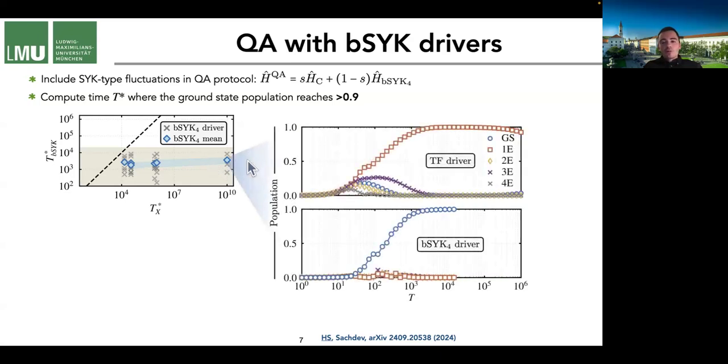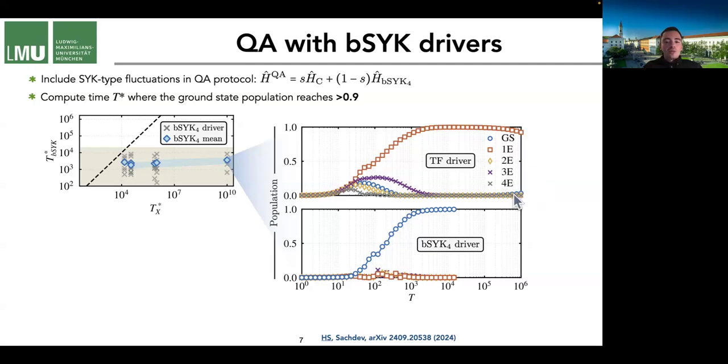And so let's look at this in a bit more detail. If we start off here with the transverse field driver for this hardest considered optimization problem, we can have this diabatic peak, then it's heavily suppressed. And now at large times, you can see it very slowly starts to rise and get into this adiabatic regime. So we had a cutoff here in our numerics at 10 to the 6.